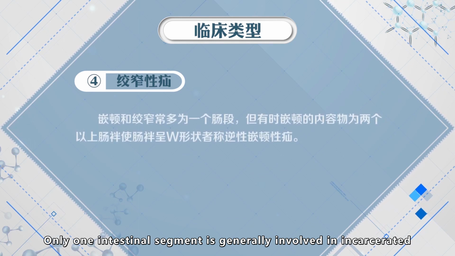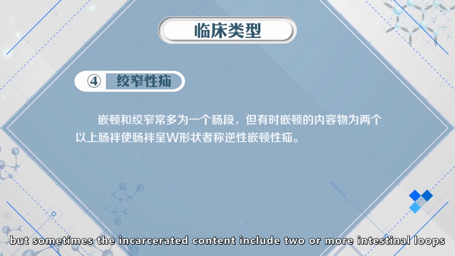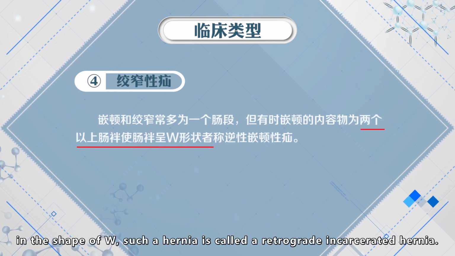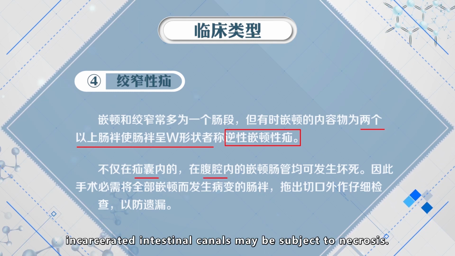Only one intestinal segment is generally involved in incarcerated and strangulated hernias, but sometimes the incarcerated content includes two or more intestinal loops in the shape of the letter W. Such a hernia is called a retrograde incarcerated hernia. Not only in the hernia sac, but also in the abdominal cavity, incarcerated intestinal canals may be subject to necrosis.